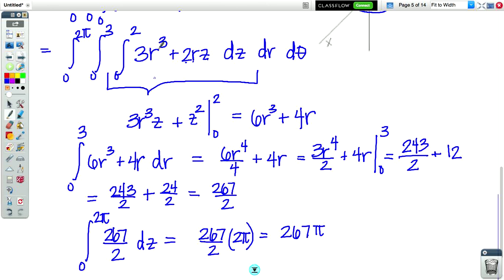6r cubed, 3r cubed, z. Yes. Okay, right, because 2z integrates to z squared, but then there's still an r there. So there's an r here, so there's an r here over 2, which makes this 2r squared, fixing the problem.